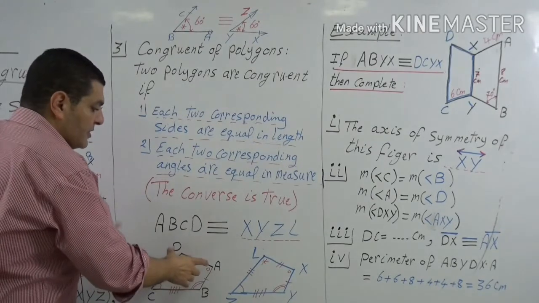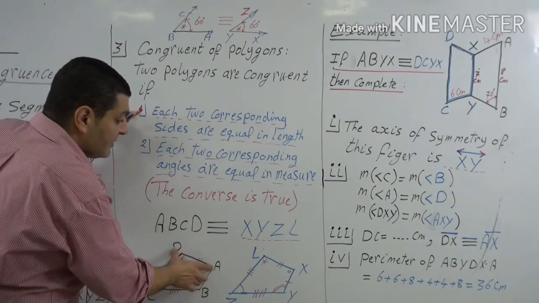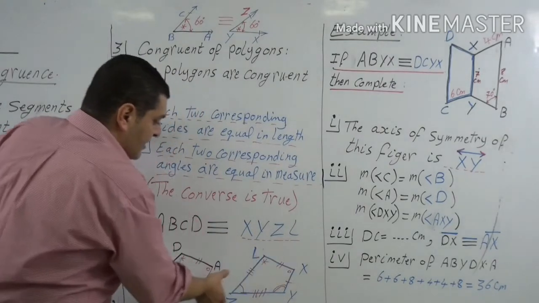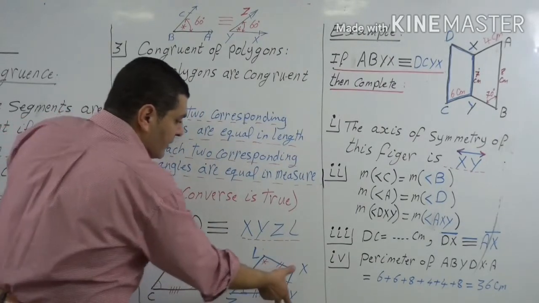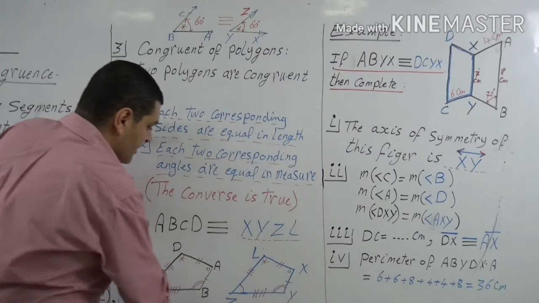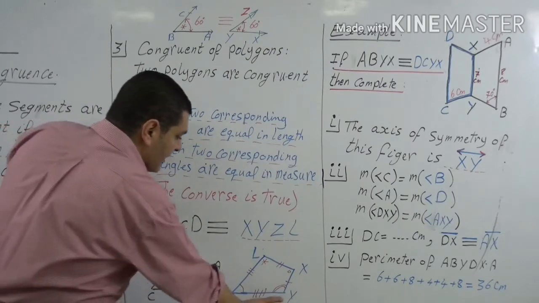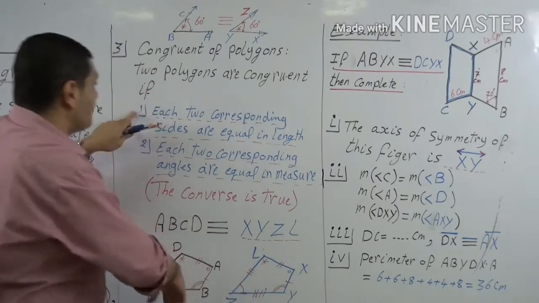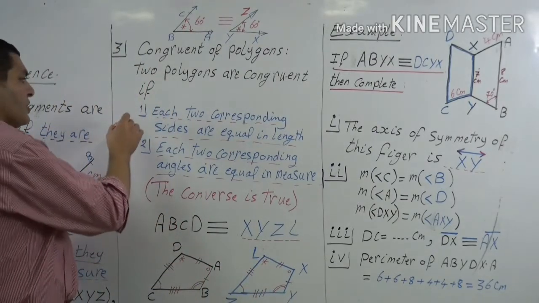Each two corresponding sides means AD equals XL, AB equals XY, CB equals ZY, CD equals ZL. This is condition number 1.